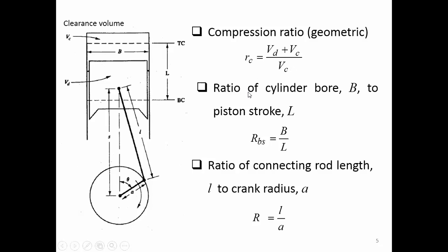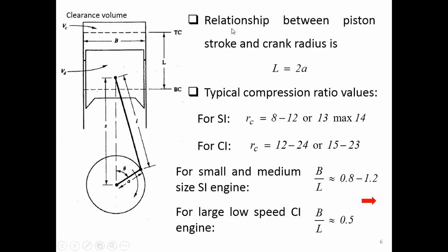The ratio of the cylinder bore B to the piston stroke L, we call it R_BS, which is B over L. We also have the ratio of the connecting rod length L to the crank radius A. We call it R, so R is equal to L over A. We also have the relationship between the piston stroke L and the crank radius, in which L is equal to 2 times A.